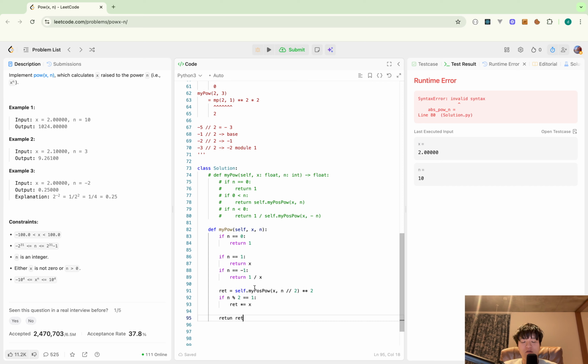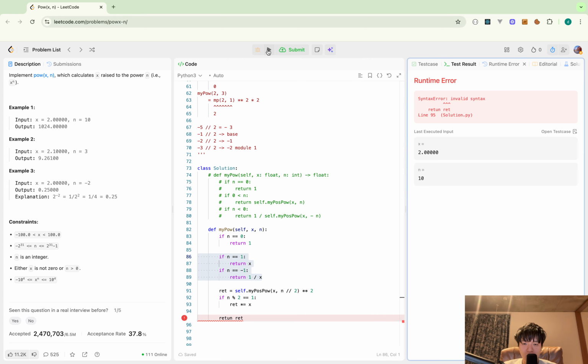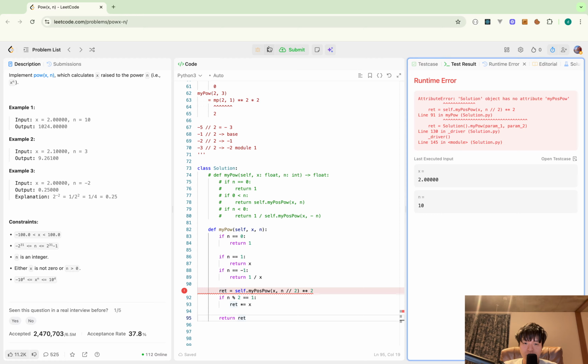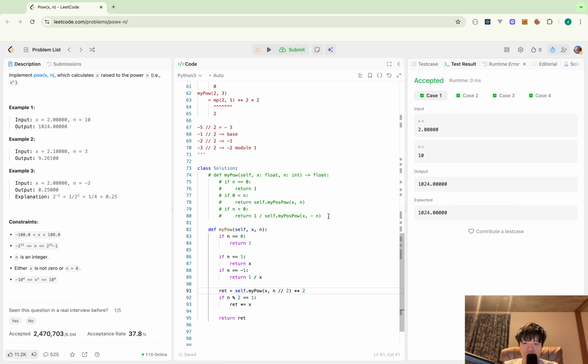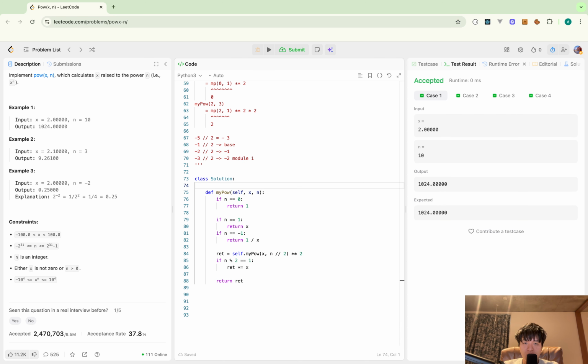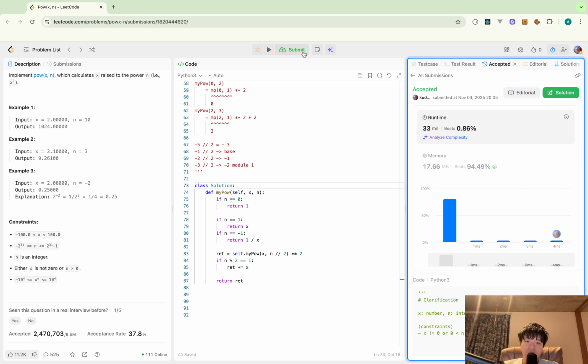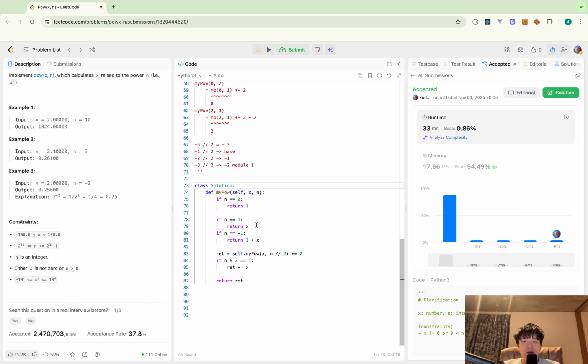Wait, yeah, it's fine. I don't have to distinguish here. I just have to distinguish in the base case. Okay, let me check. Sorry, typo. And this can be myPow. Oh, it accepted. Okay, accepted. So it was quite tricky.